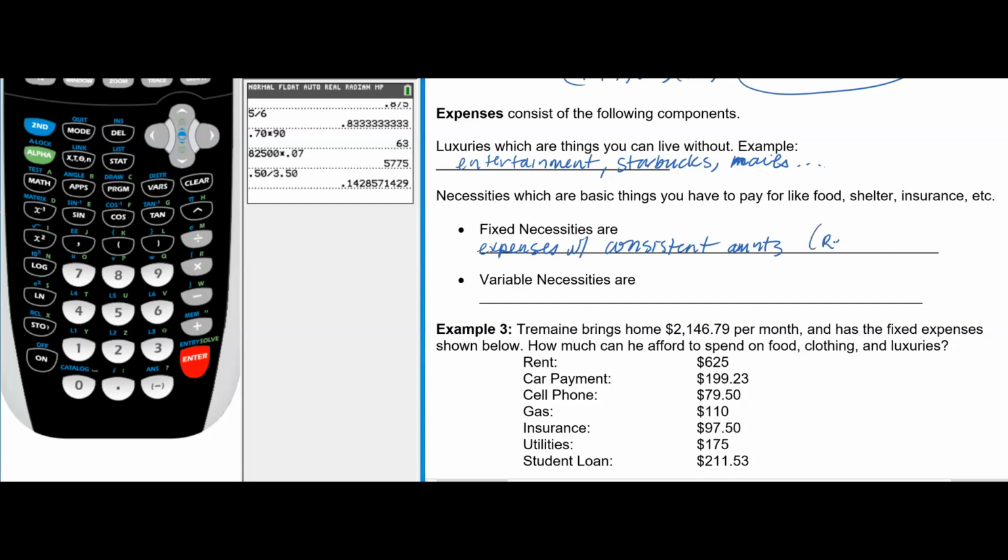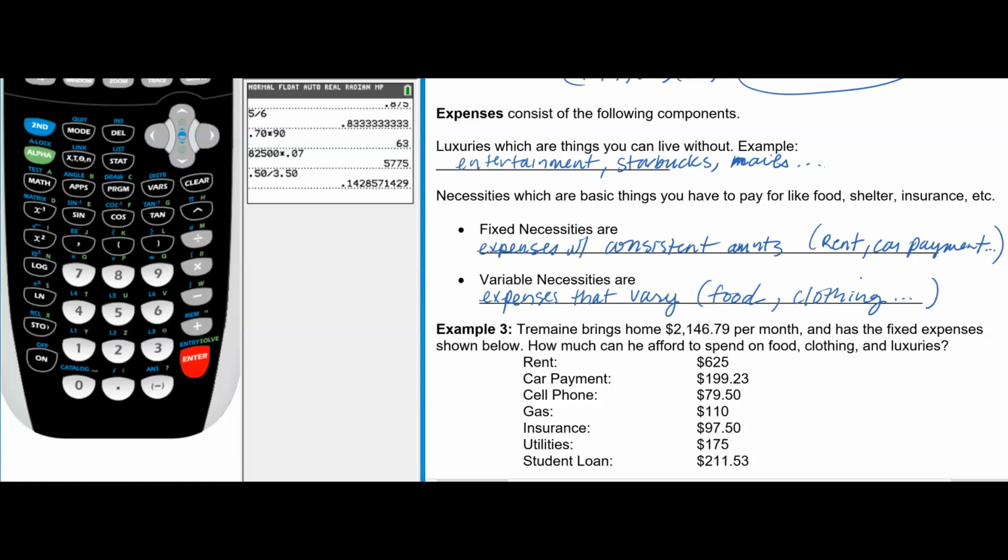That would be like your rent every month, your car payment, insurance. Variable necessities are expenses that can vary and that do vary. So for example, how much money you spend on food every month, how much money you spend on clothing. These things are going to go up and down depending on the month.